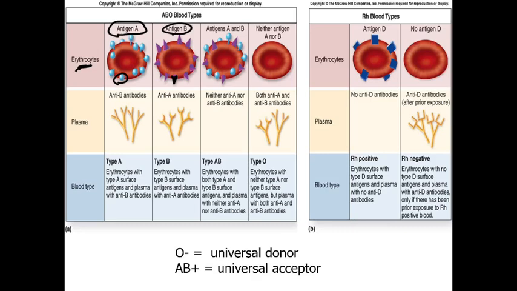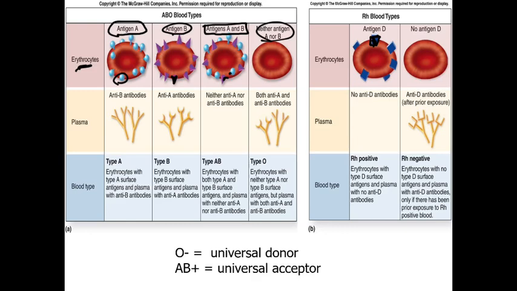You could inherit both of them, in which case you would have a mixture of both the blue dots and the purple spikes on the surface of your red blood cells. Or you could have inherited neither, in which case you have naked little red blood cells. You also could have inherited the Rh factor, sometimes called antigen D, shown here as the blue rectangles, or maybe you didn't inherit it. Okay.